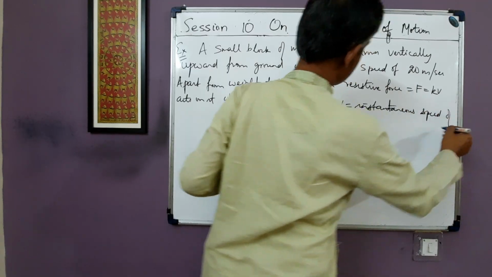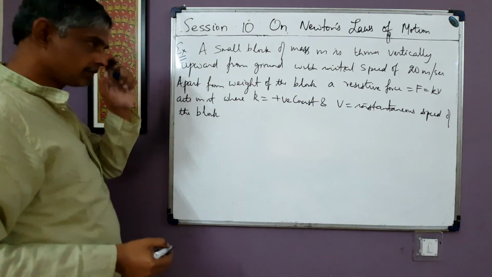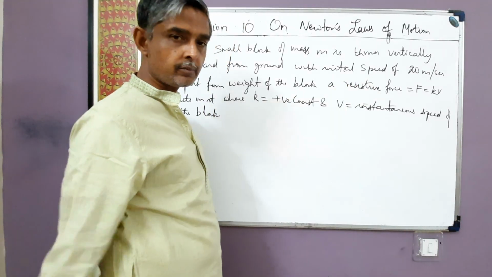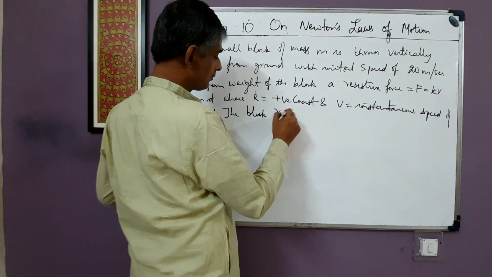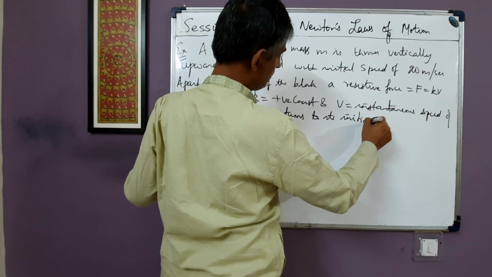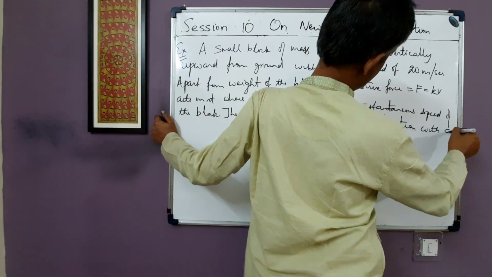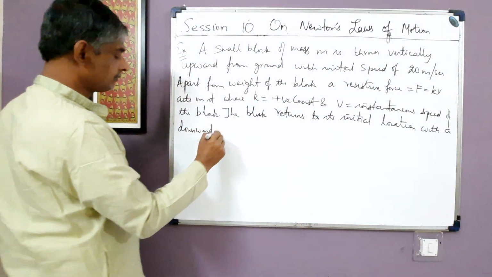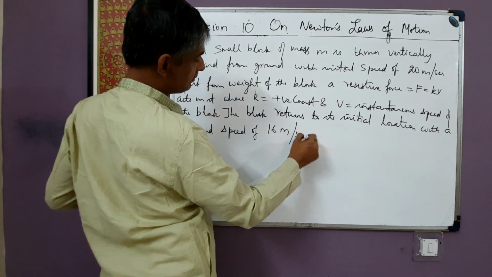This rule is valid both for upward and downward motion of the block. The block returns to its initial location with a downward speed of 16 meter per second.